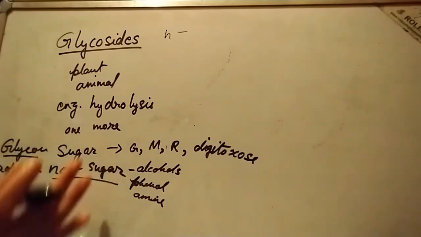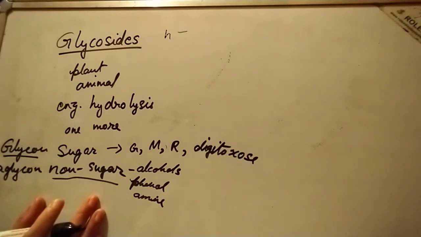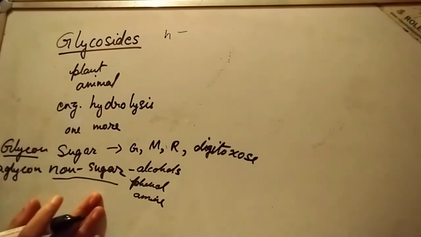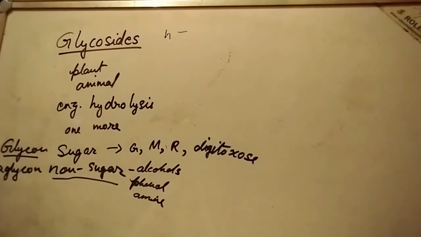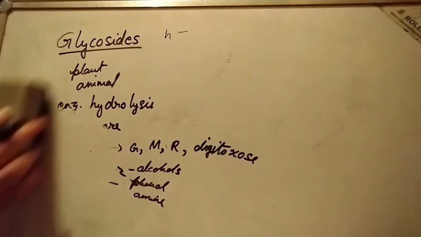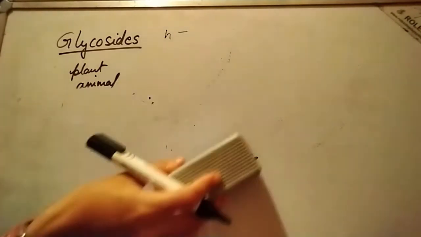So both these parts have different activities and different functions. I just want you to know that glycoside molecules are not actually pure carbohydrates, but consist of monosaccharide and non-monosaccharide molecules.